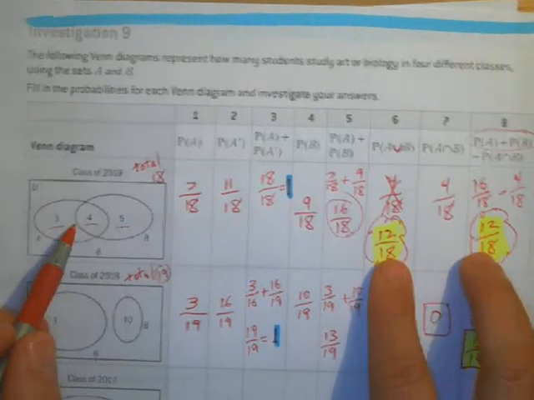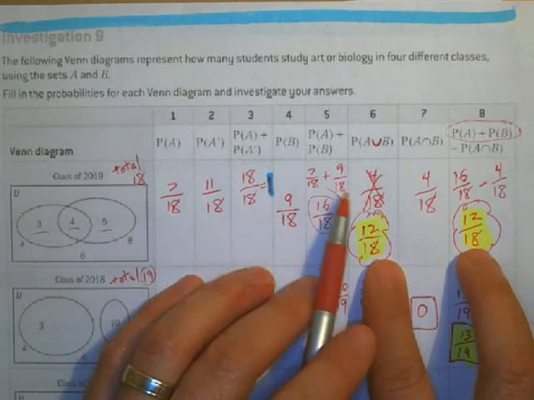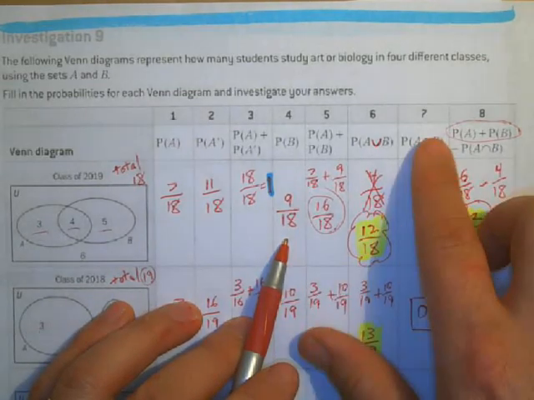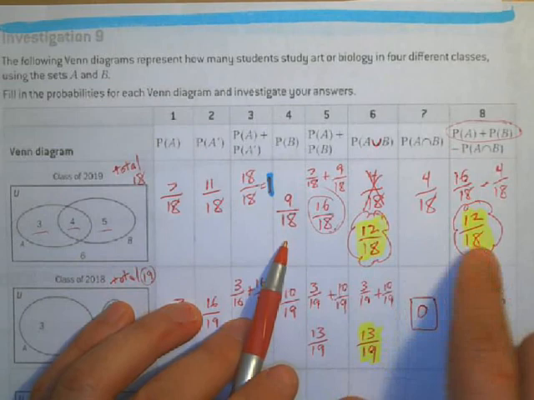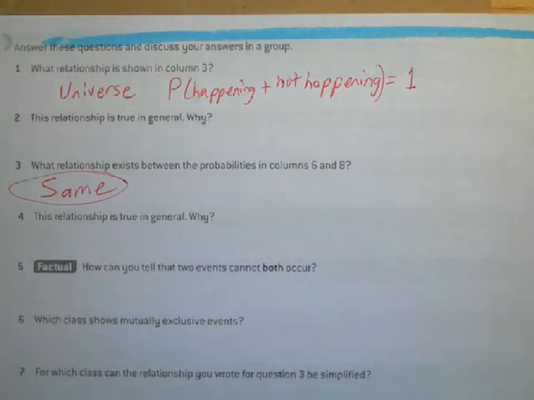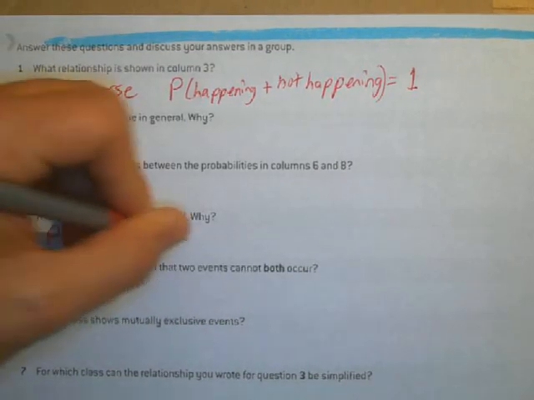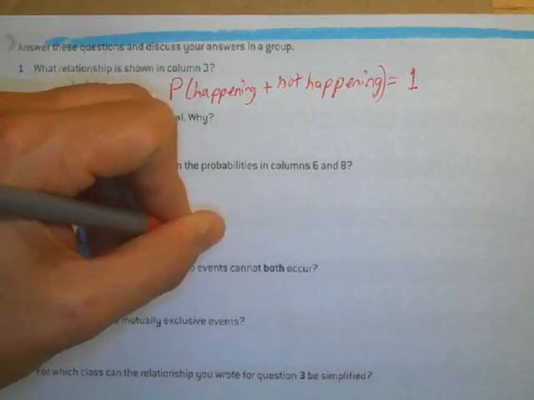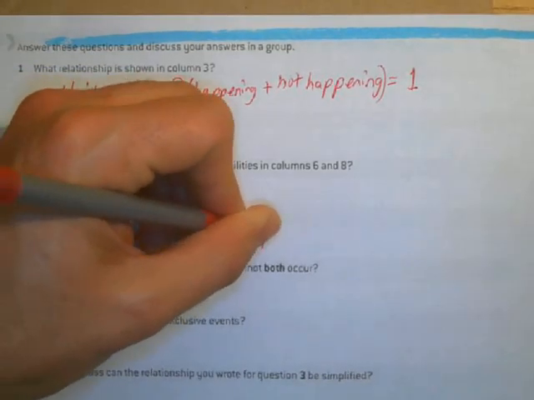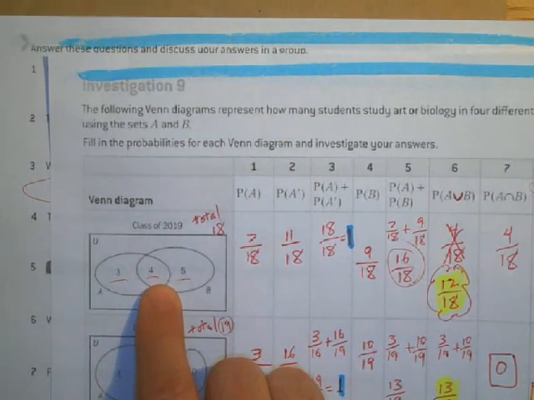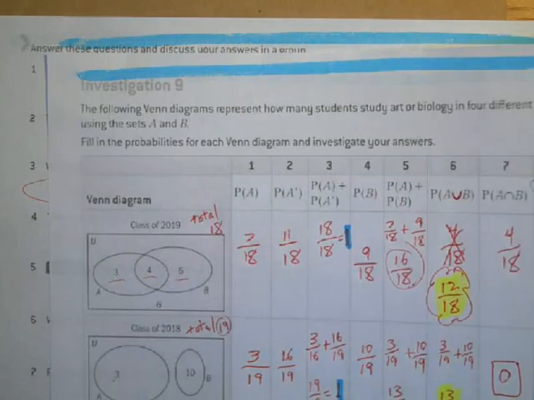That's why if I take probability of A plus probability of B and subtract this intersection part, that gives us A union B. Okay, so this relationship is true because we take the probability of A plus the probability of B minus the intersection of A and B, because we don't want to count the center part twice. Okay, you may want to pause and think about that for a second, or replay that.